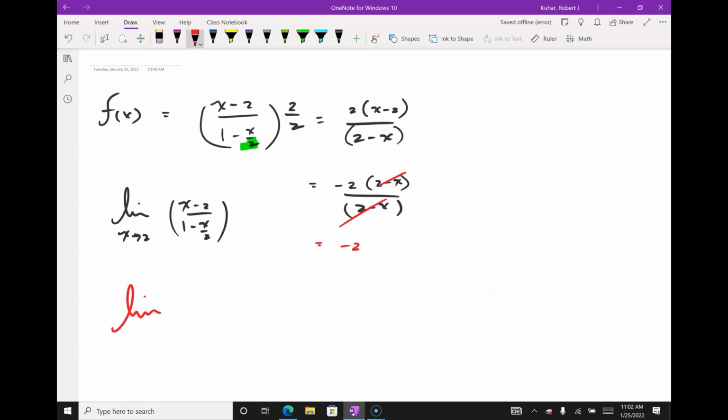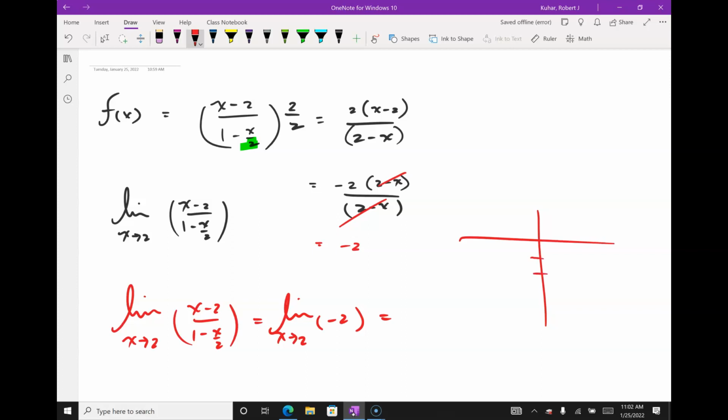So the limit as x goes to 2 of x minus 2 over 1 minus x over 2 is the limit as x goes to 2 of negative 2. Well, duh. What height am I at if I'm at a height of negative 2 all the time?